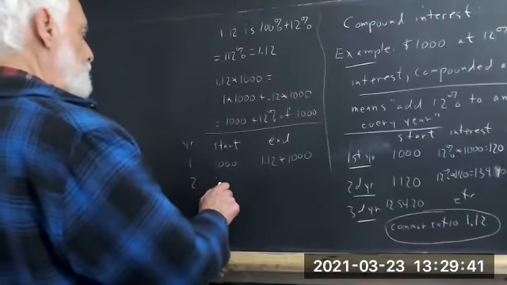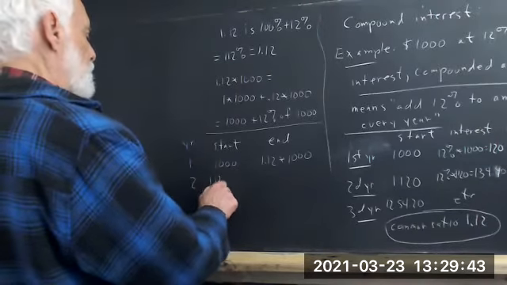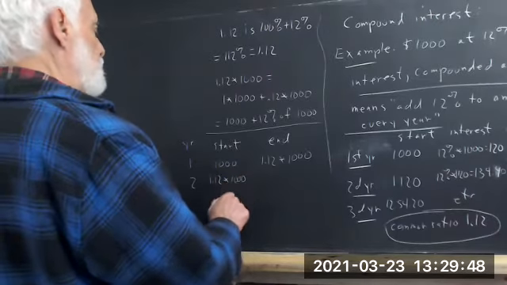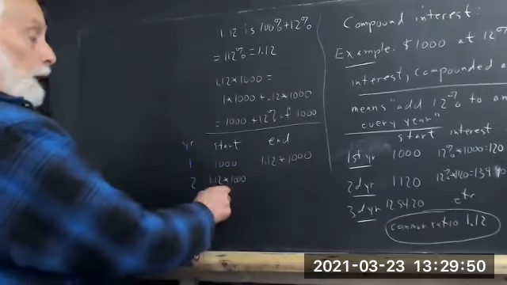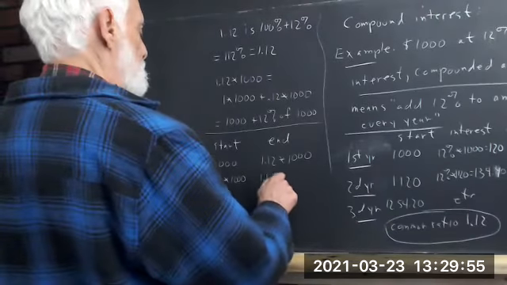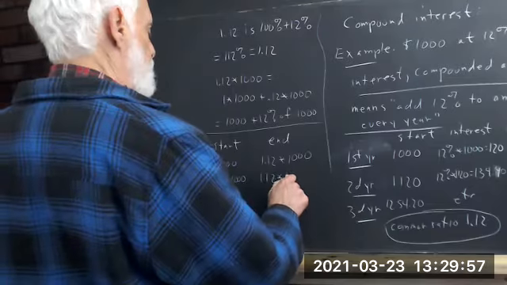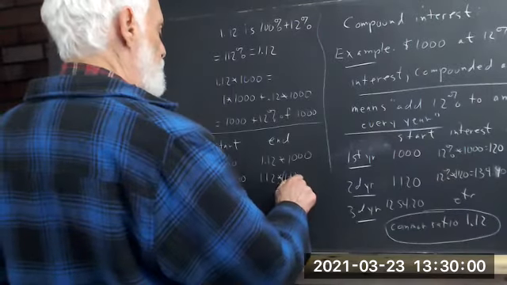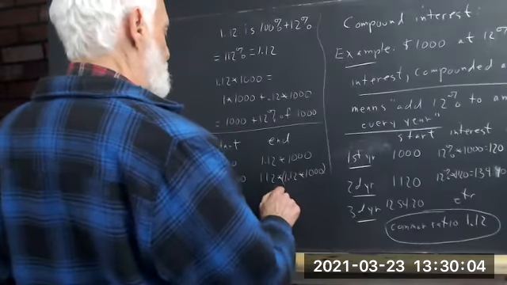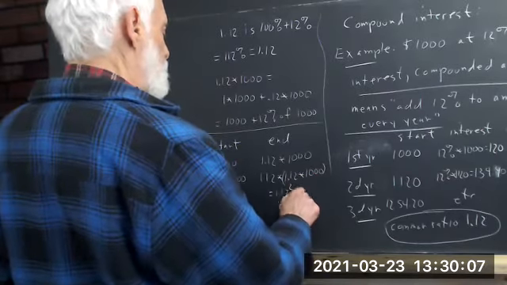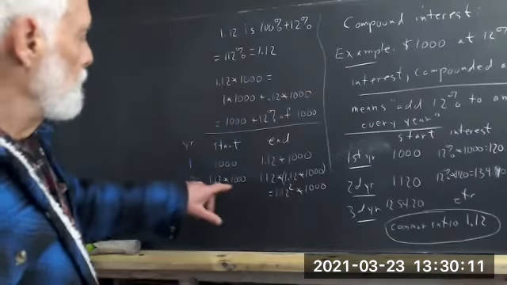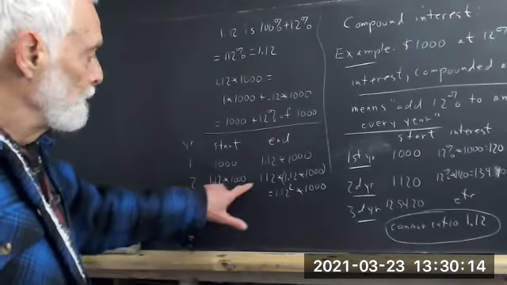In year 2, I'm not going to write out the numbers because they get a little hard to calculate, but we start with what we ended with here, and we multiply. And we end up with 1.12 times this.